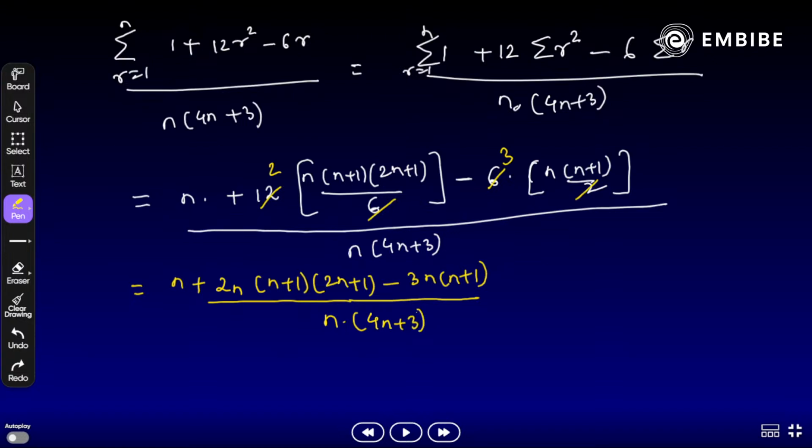How do we solve this? Any guess, any idea? We have to simplify it further. What final value will we get on simplifying? n plus 2n times n plus 1 times 2n plus 1 minus 3n times n plus 1 whole divided by n times 4n plus 3. Can it simplify further? n plus 1 can come common here at the last.